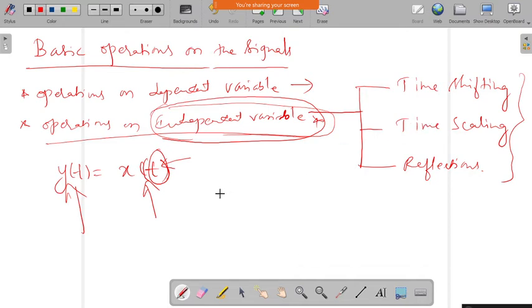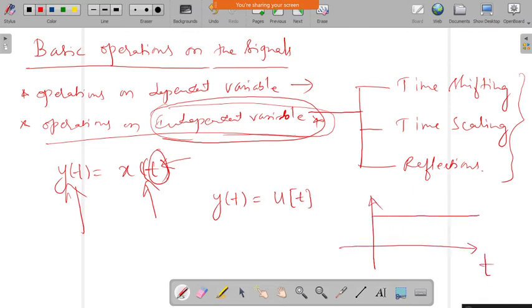Now what is time shifting? If we have a signal like y of t, which is nothing but u of t, let us take the unit step function u of t. We know that u of t is always 1 from 0 to infinity. Now what is meant by time shifting?